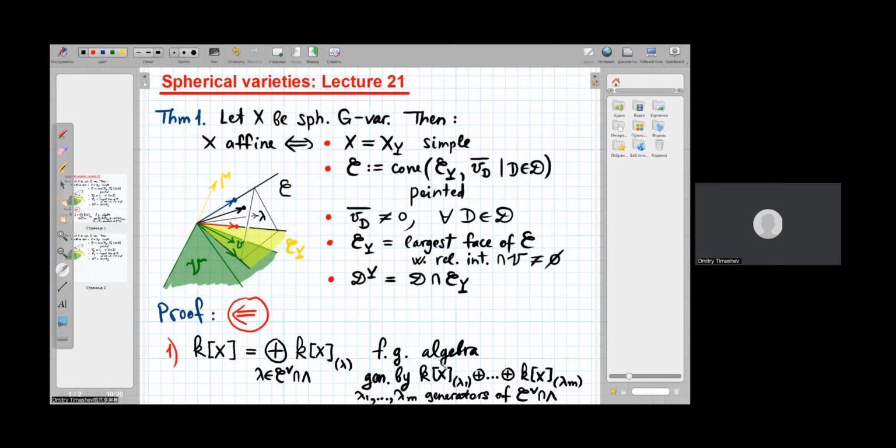Well, finite because each of these summands is finite dimensional. It is a simple G submodule of the respective highest weight. So each of these summands is finite dimensional, and the whole sum is finite dimensional. You can just take any basis of this direct sum, and it will be the set of generators. They generate because it is G-stable and it contains every highest weight vector, right? Exactly.